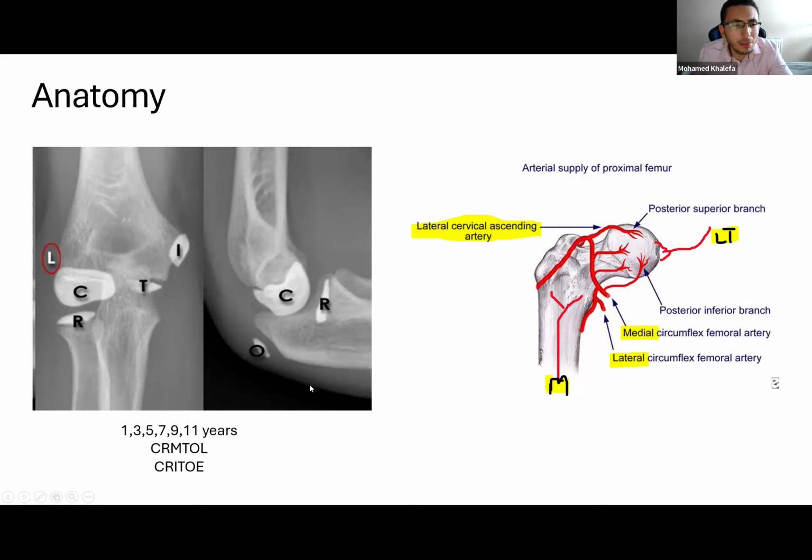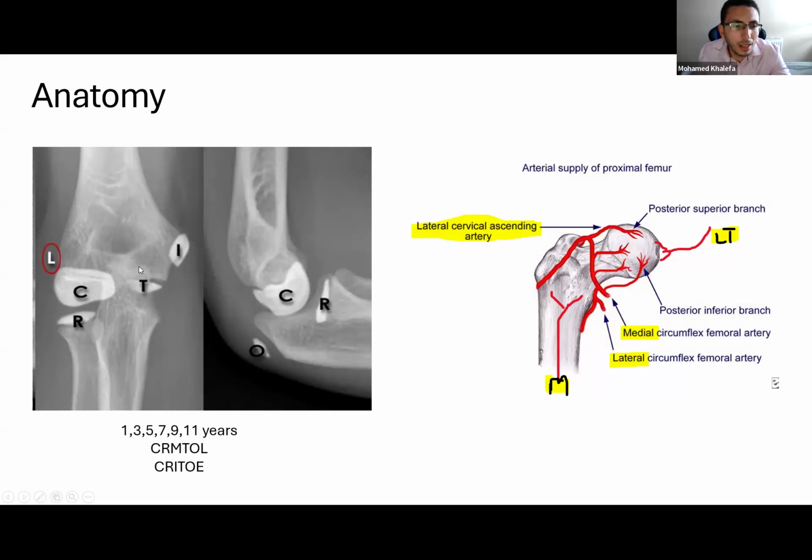This one I've added because it's quite topical. When you read an X-ray of a skeletally immature elbow, this is very common. Medical students, registrars, etc. should know it, which you can call CRITOE or similar. Basically, you start with the capitellum, radial head, then internal epicondyle or medial epicondyle, trochlea, olecranon.